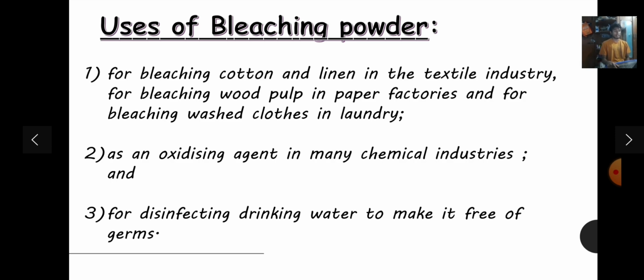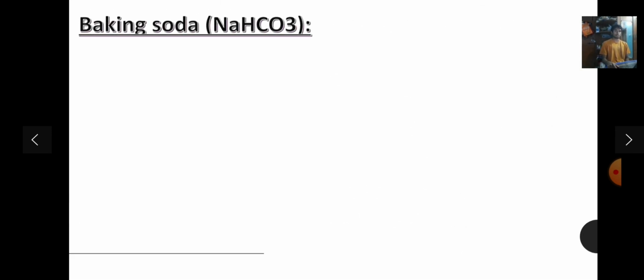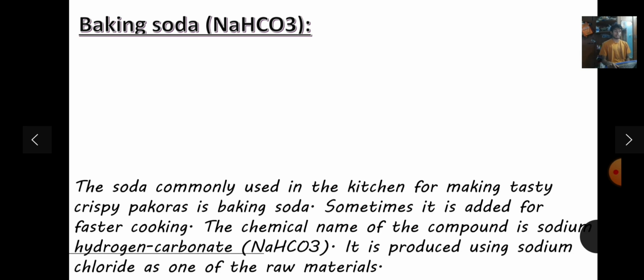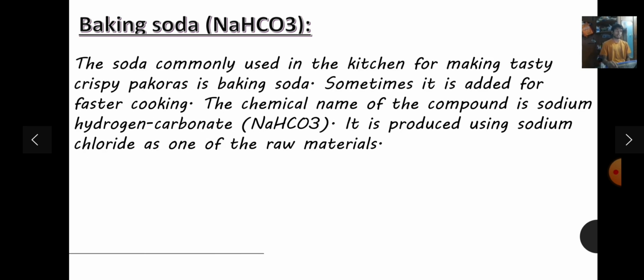Now let's move on and learn the second byproduct that we can get from the reaction, which is baking soda, NaHCO3. The soda commonly used in the kitchen for making tasty crispy pakoras is baking soda. Baking soda is used in the batter of your pakoras.